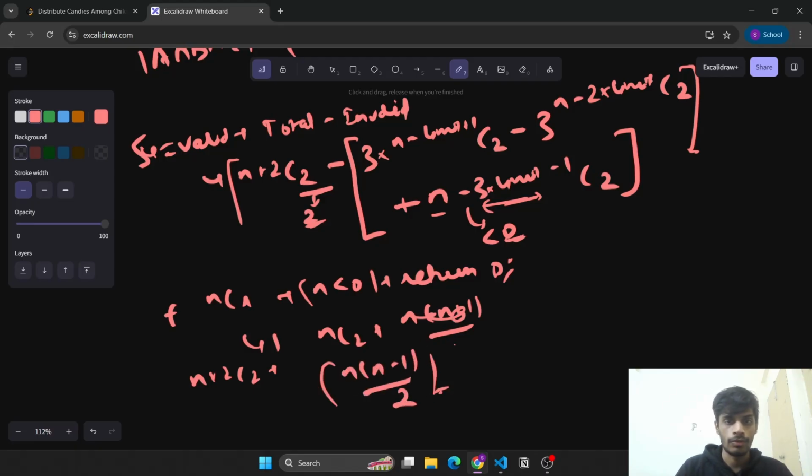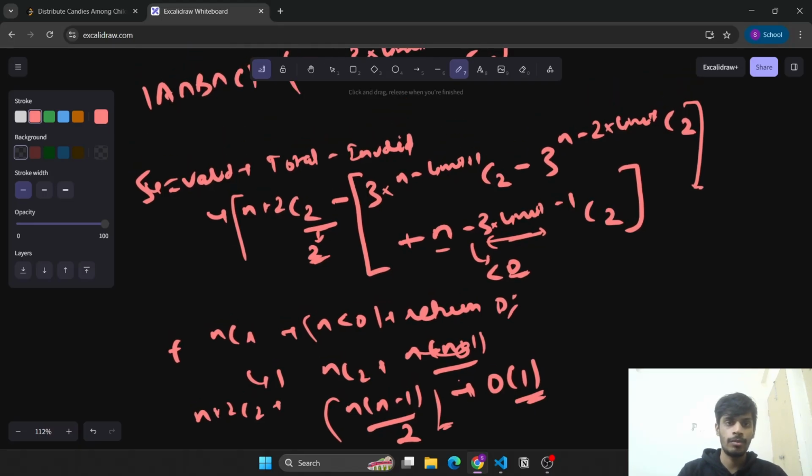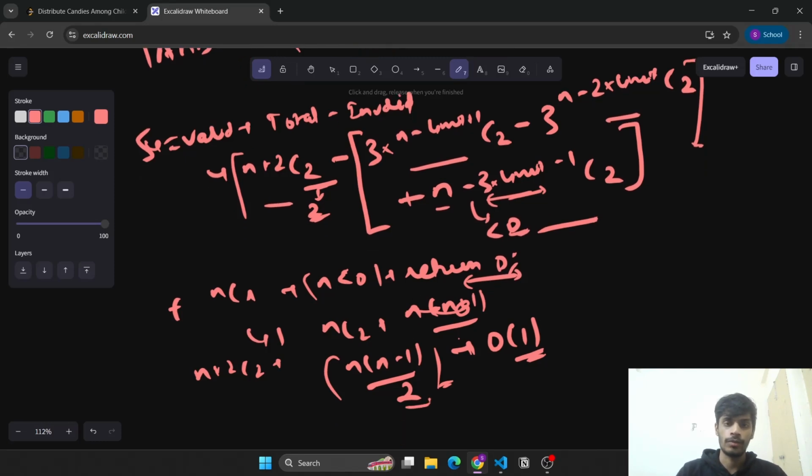So we can find this product in constant time. We'll be calling this ncr function 4 times, and if the value n is less than 0, we'll simply return 0, or we'll return this product.